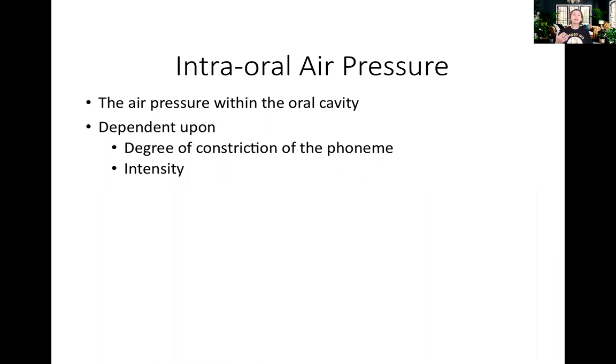That intraoral pressure also varies as a function of intensity and phoneme position. Intensity is approximately proportional to the 1.3 power of the intraoral pressure. So the more intense that phoneme production is, the more intraoral pressure is also occurring.